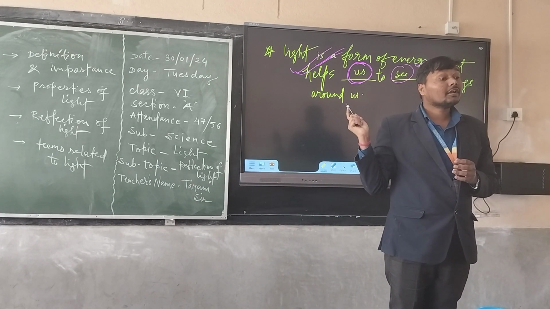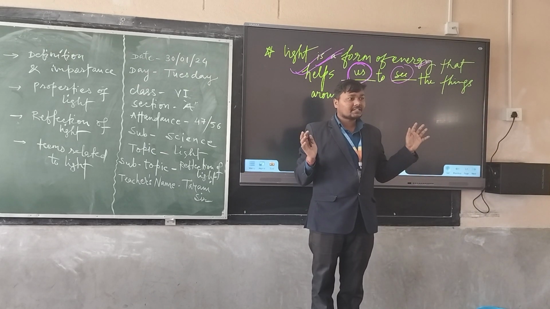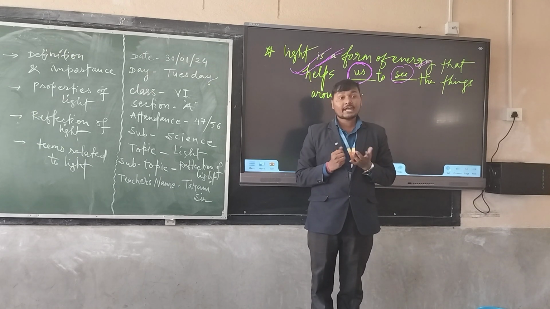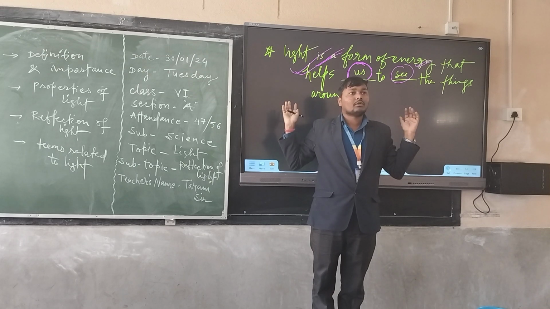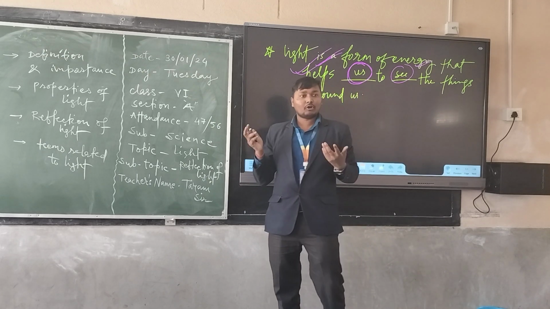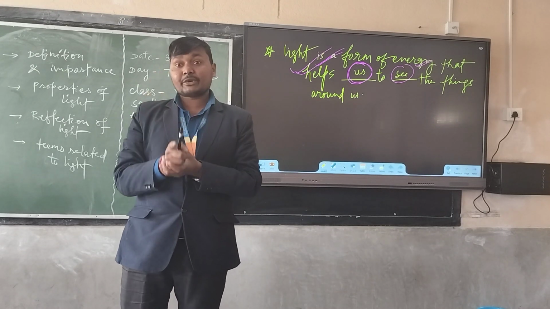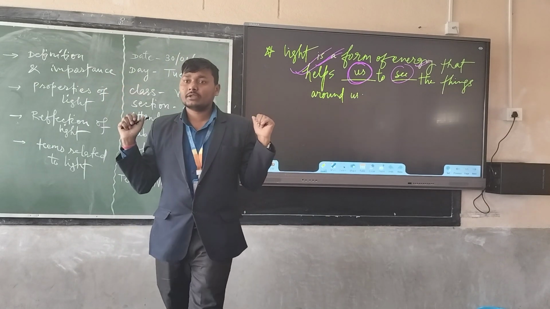If I am standing here, I am able to see all the things in front of me in the presence of light, but I am not able to see what is written or placed behind me.